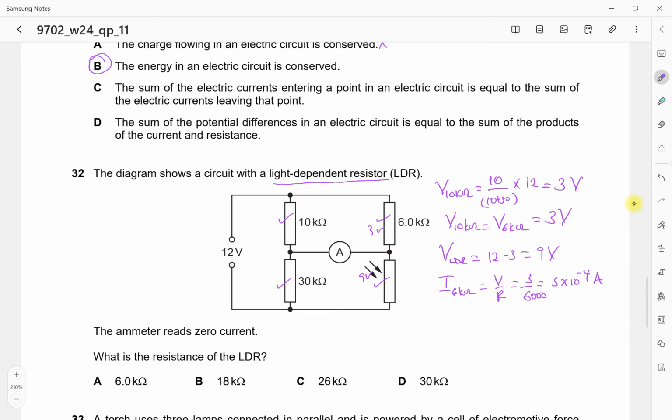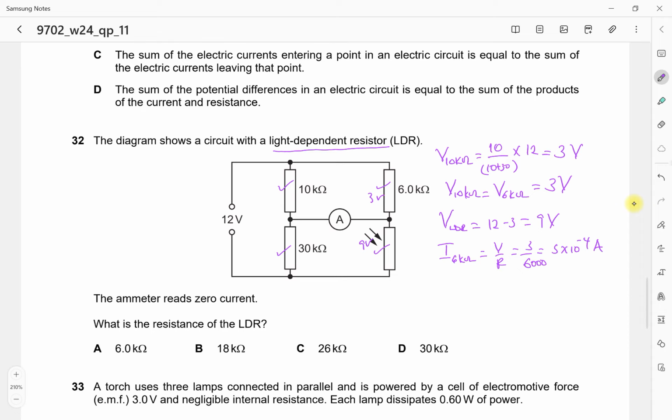That is the current in the 6 kilo ohm resistor. Because the current here is the same, it means the same current.